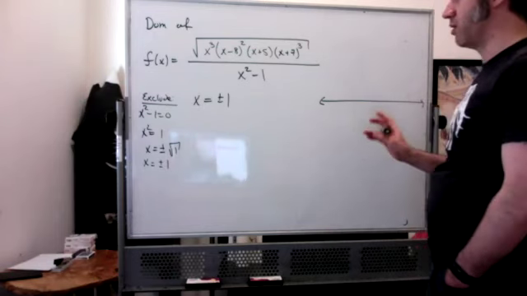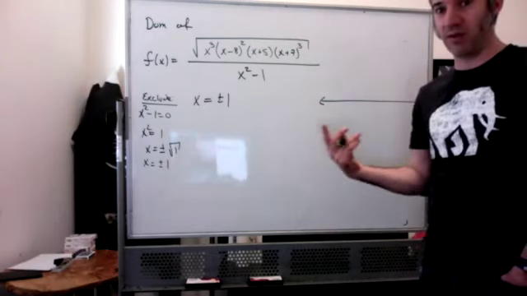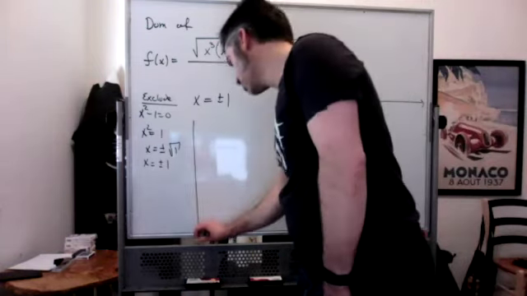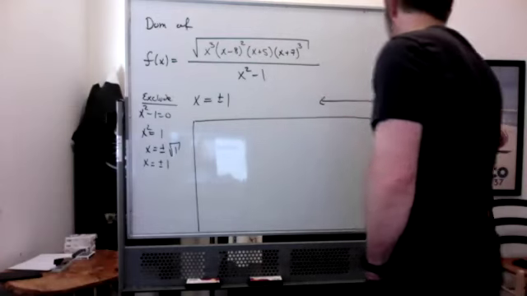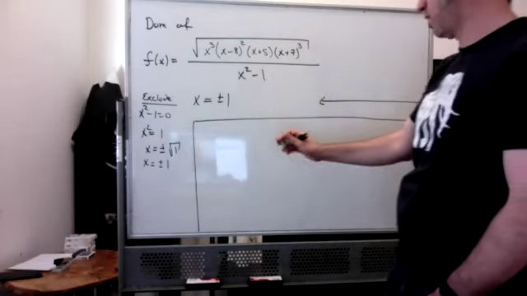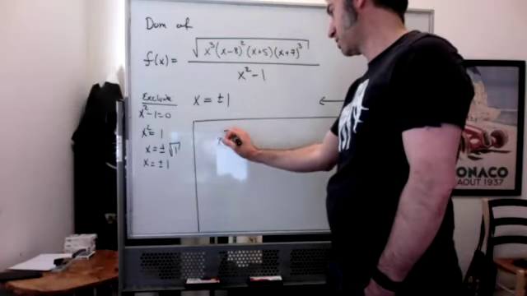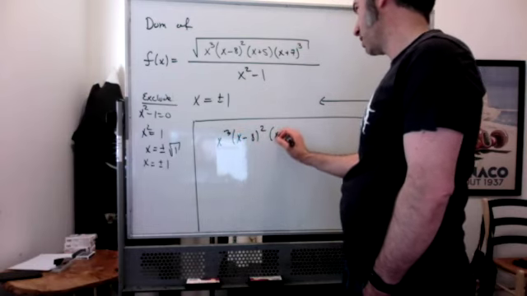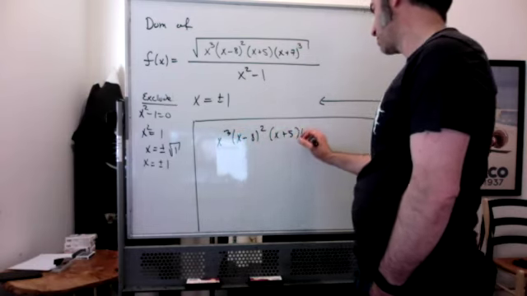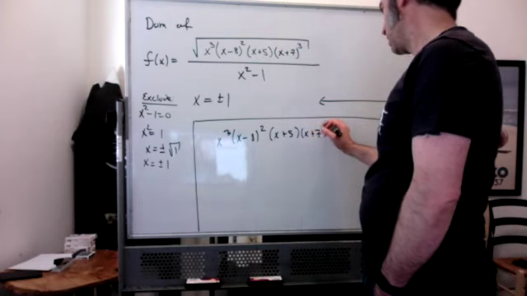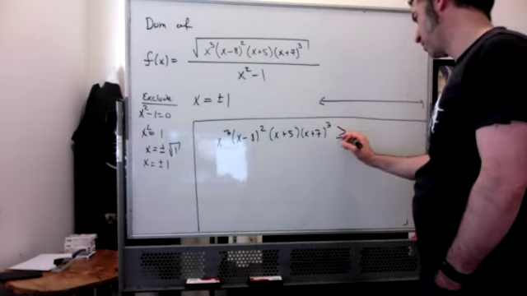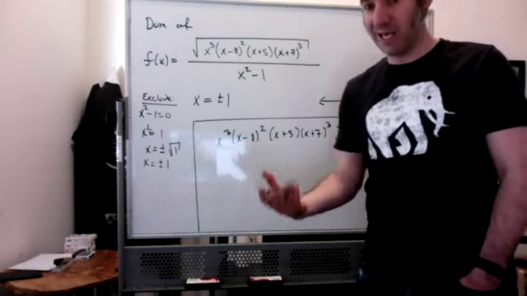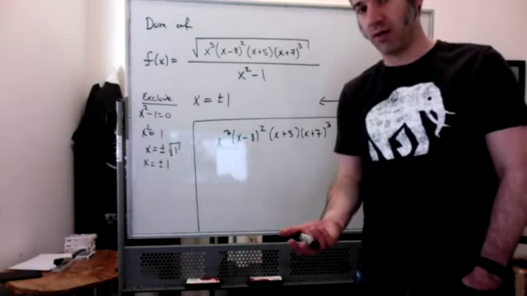Let's do the second part, and then we'll talk about why we do the second part first. We also need the inside of the square root, x cubed times x minus 8 squared times x plus 5 times x plus 7 cubed, to be greater than or equal to 0. So we need to put the things that make it equal to 0 on the number line.